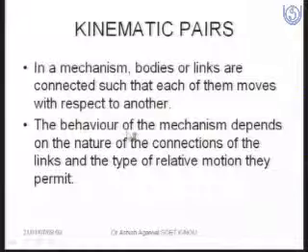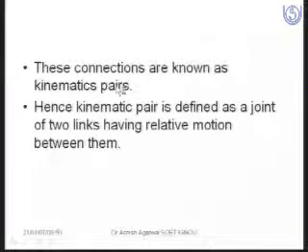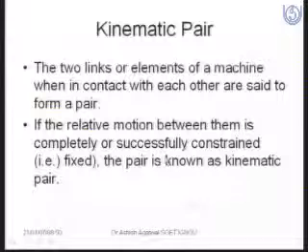So the behavior of the mechanism depends upon the nature of connection of the link and the type of relative motion between them. These connections are called the kinematic pair, and this kinematic pair is defined as a joint of two links having relative motion between them.